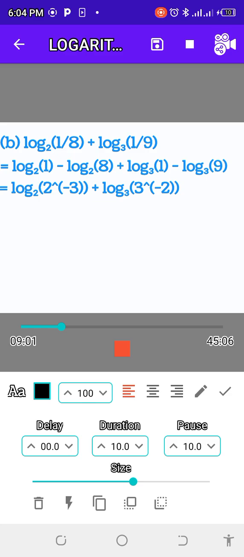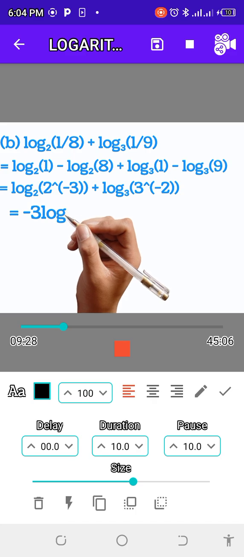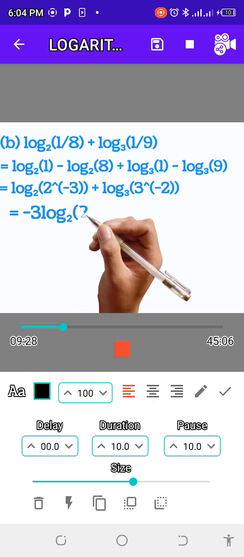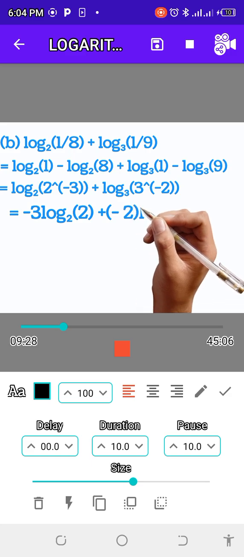And this automatically becomes minus 3 log 2 base 2 plus minus 2 log 3 base 3.